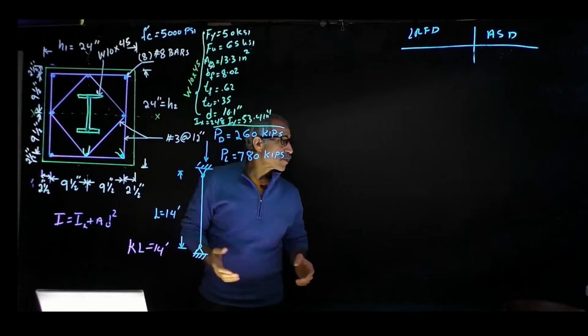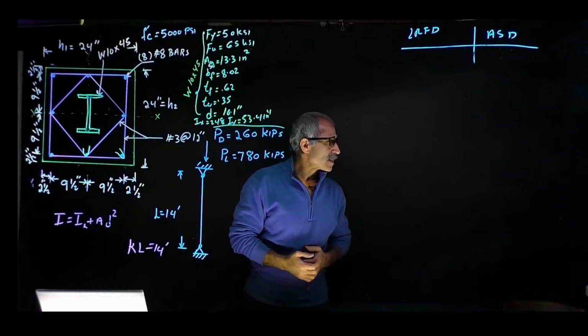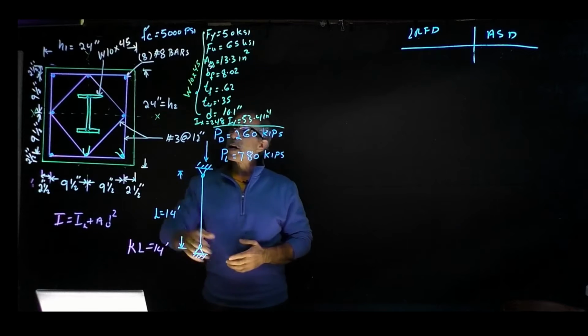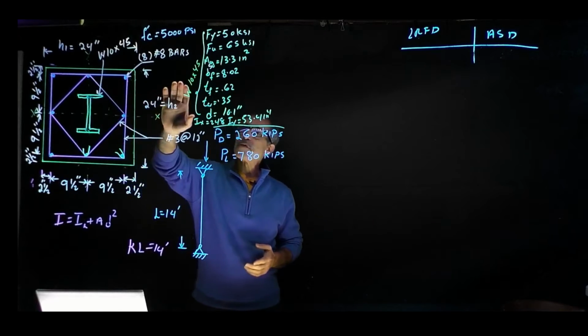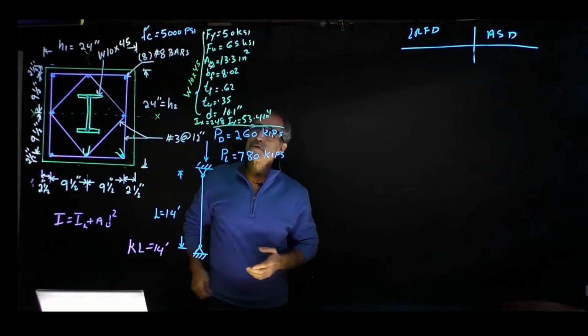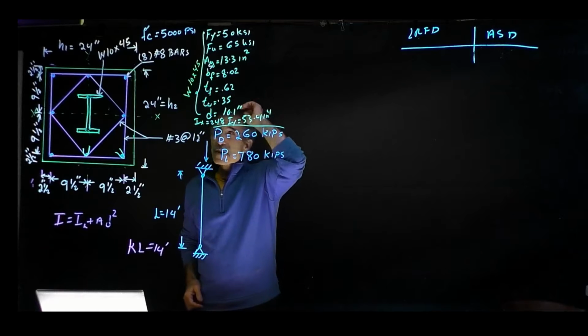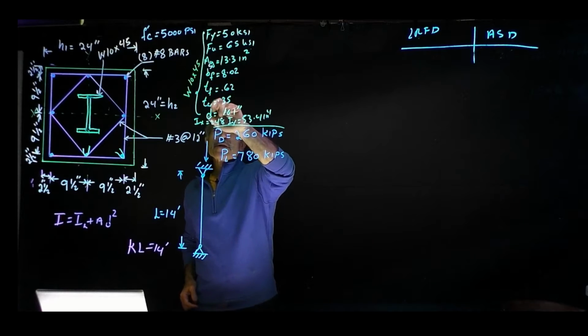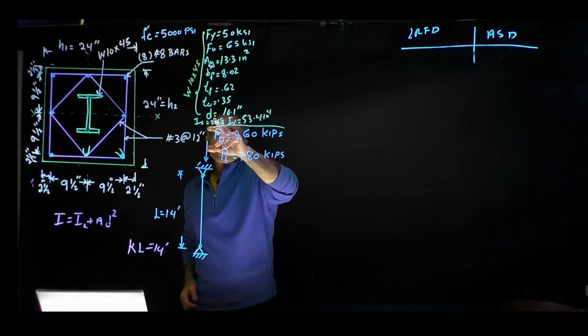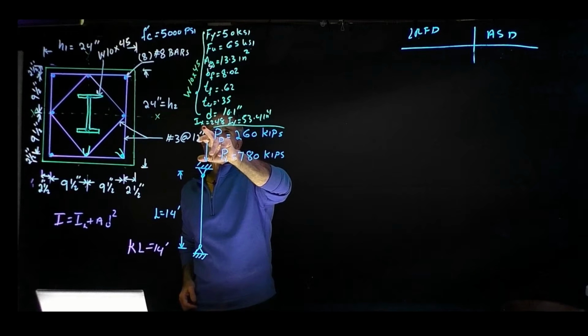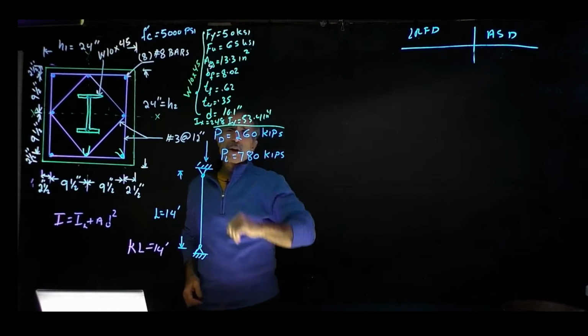Then I'm going to go into AISC Table 1-1 for a W shape 10x45 and get all the information out from the table. My area of the steel is 13.3, and so on and so forth. Find d equal to 10.1, and find the moment of inertia in the x and y directions.